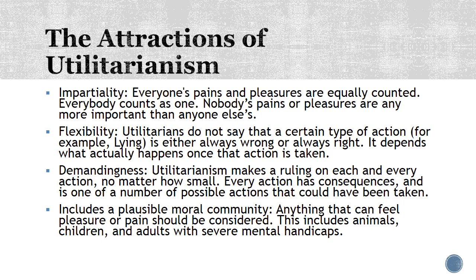And finally, another thing people often like about utilitarianism is that it includes a kind of plausible moral community. And it sort of helps to explain in a very reasonable way why some things are morally relevant or part of the moral community and other things are not. And the answer that utilitarianism gives to this is that anything that can feel pleasure or pain should be considered as part of the moral community. Now, this includes animals, children, adults with severe mental handicaps, and other moral theories may rely on certain sorts of abilities of rationality.